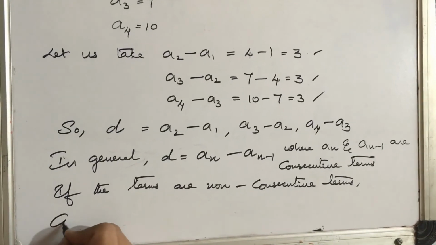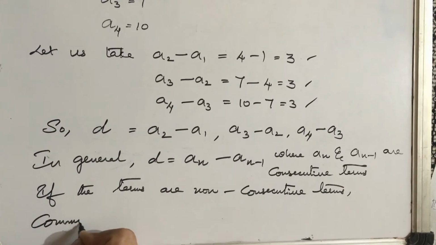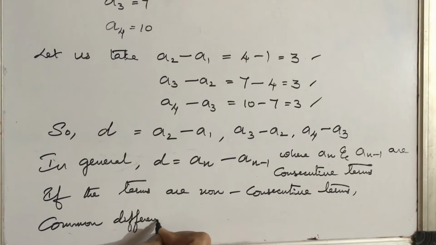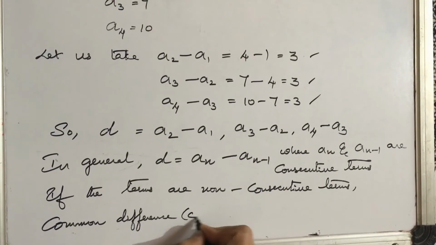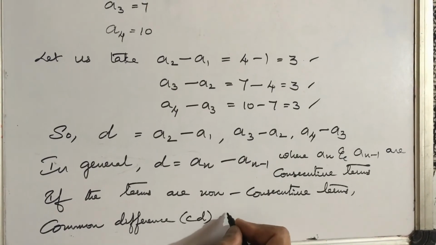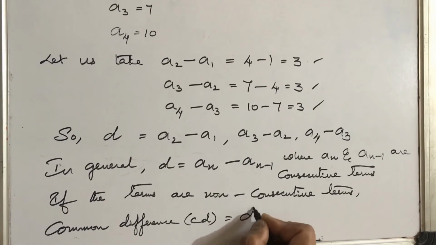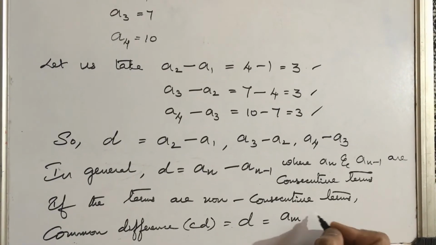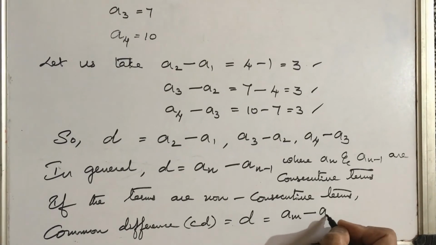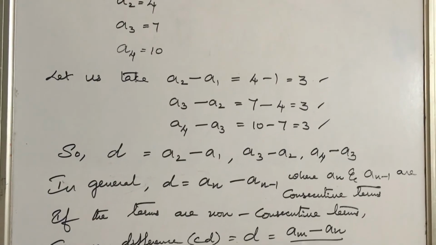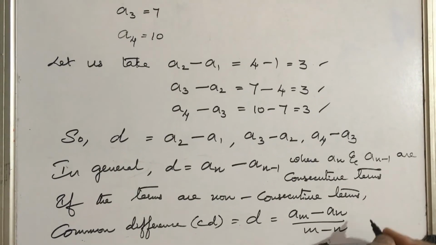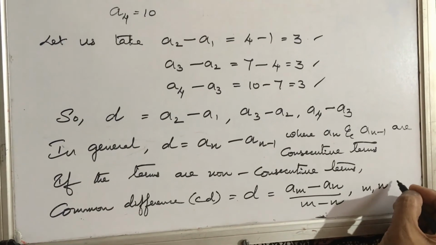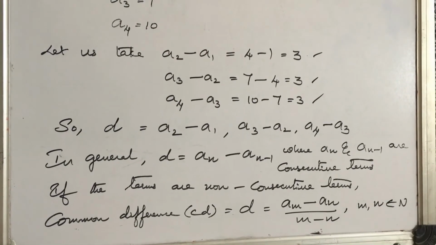The common difference, which we shortly name CD and also denote by the letter D, has the general form (am minus an) divided by (m minus n), where m and n belong to natural numbers.